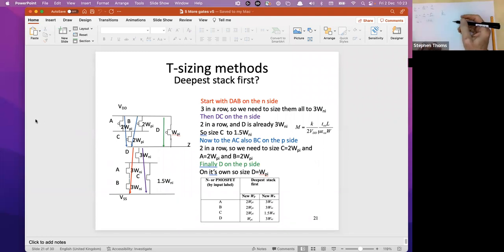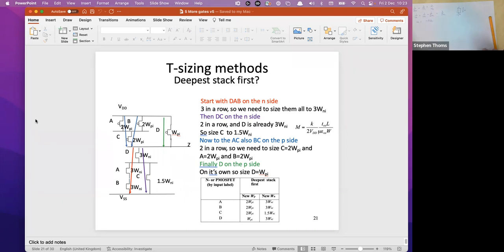Okay, so for a transistor, if you just draw a transistor, source drain, that's the width. If you've got a bigger width, you've got a smaller impedance, and then it will drive the next gate more quickly. Okay, so what we're doing with the stack is we're looking at the total impedance of that stack, and we're saying we want that to be equivalent to the impedance of a unit inverter.